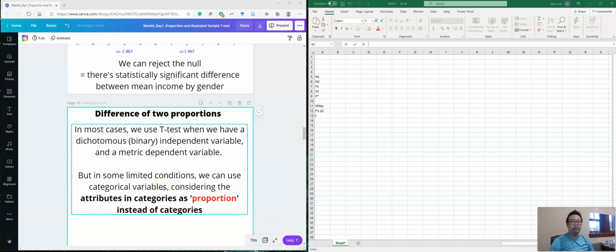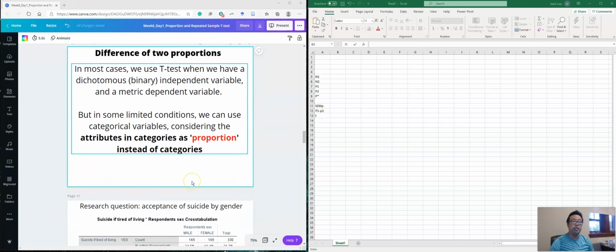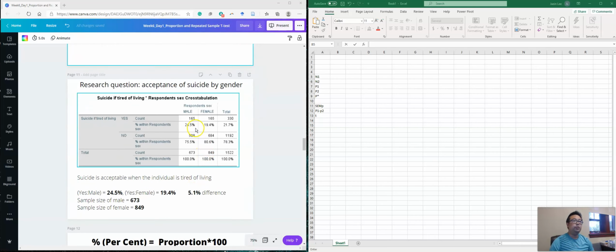So in case you have a categorical variable for your final paper project, then you can use this analysis. Here we are checking the acceptance level of suicide. Suicide is acceptable if someone is tired of living.